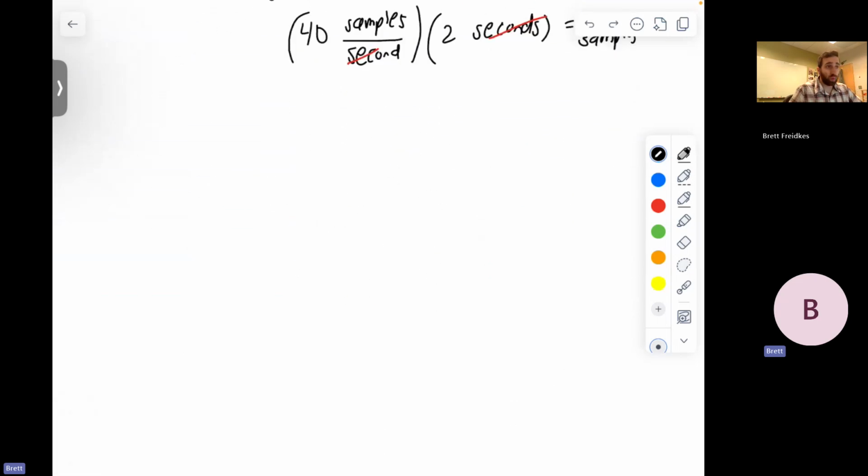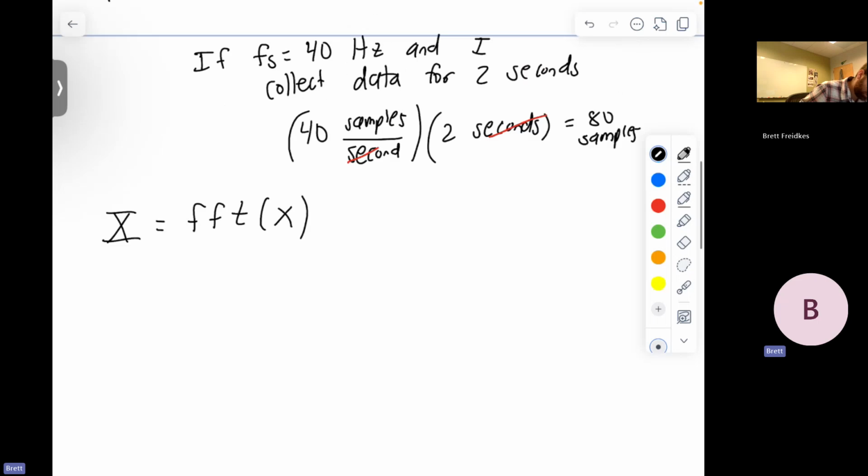So now what? Well, we want to go ahead and look at the Fourier transform of this. And the Fourier transform, let's just say I call it capital X. I'll write it like this, just to signify it's a different variable. This is going to be the FFT of that original signal.